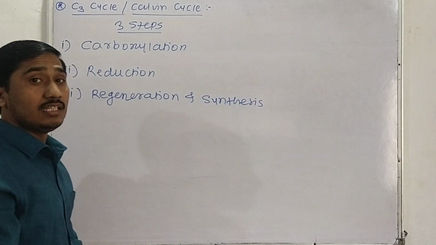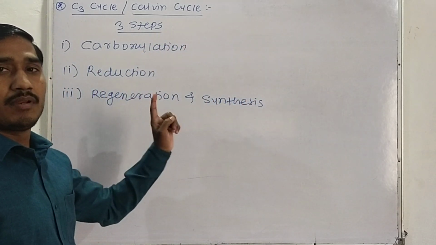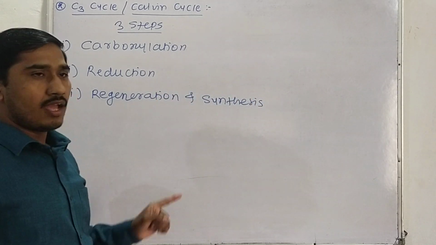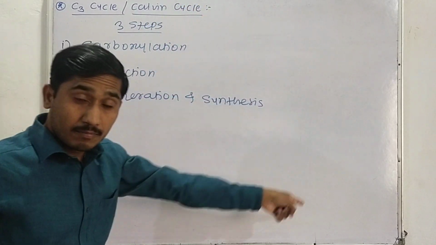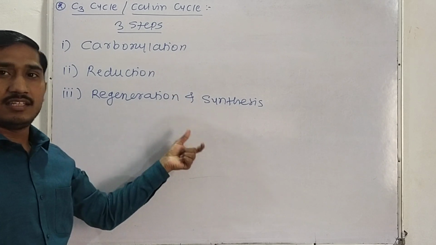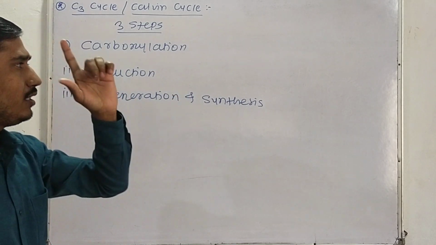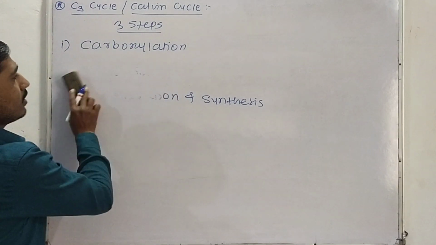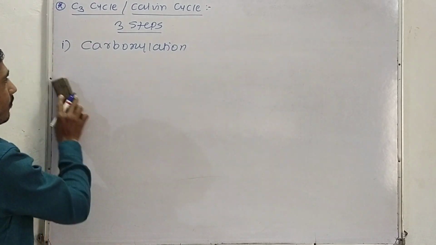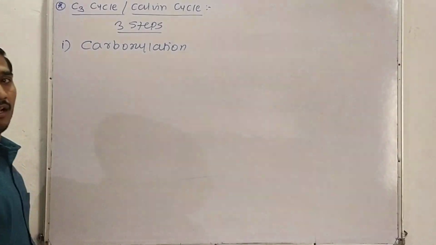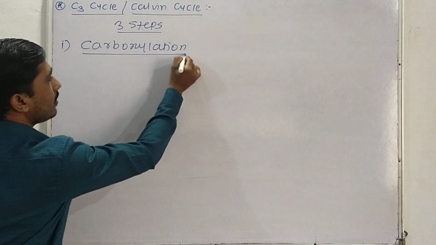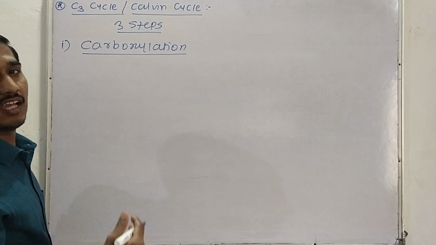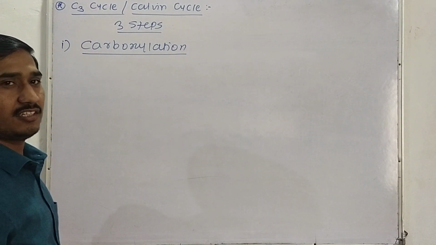By using these 3 steps, plants prepare their food material, and this cycle is also completed. So let me show the exact cycle, how carboxylation takes place, how reduction takes place, and how synthesis and regeneration takes place.